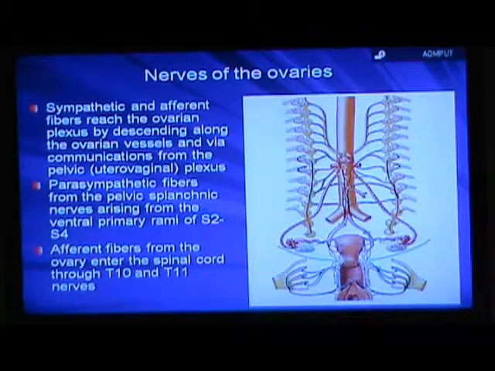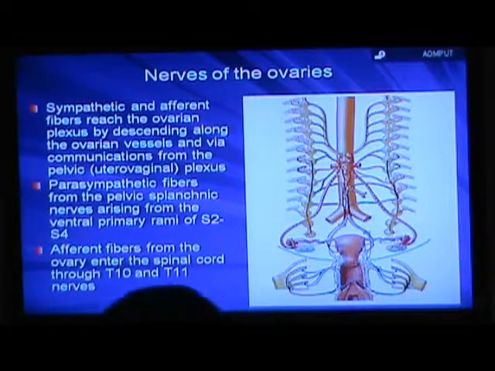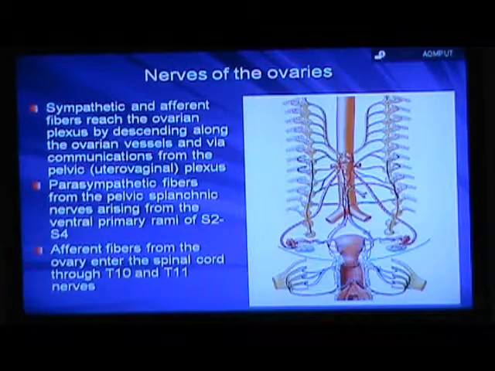Parasympathetic fibers are from the pelvic splanchnic nerves, which arise from the ventral primary rami of S2, S3, and S4. Afferent fibers from the ovary enter the spinal cord through the T10 and T11 nerves.